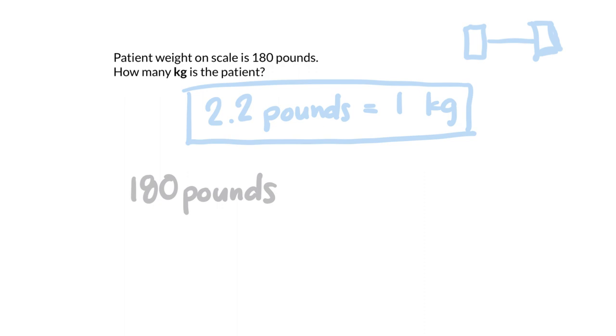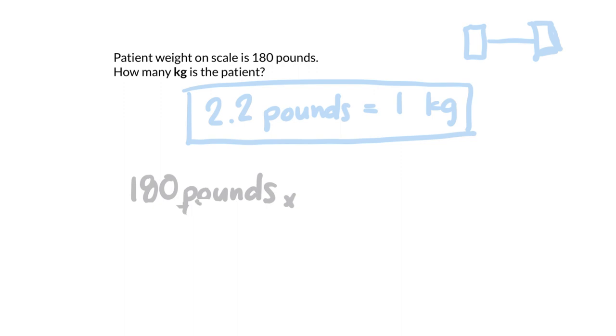We know that anytime we take a number and we multiply it times 1, it's equal to the same thing, right? 180 pounds times 1, 180 pounds. If I took 180 pounds and I multiplied it times 1 over 1, it's still 180 pounds. If I take 180 pounds and I divide it by 1, it's still 180 pounds.